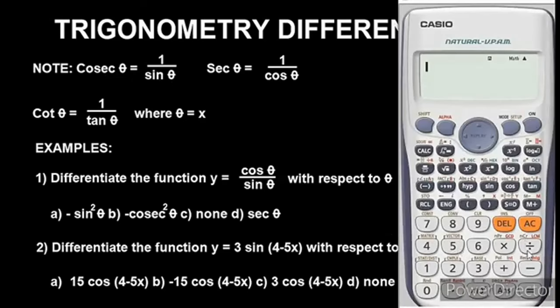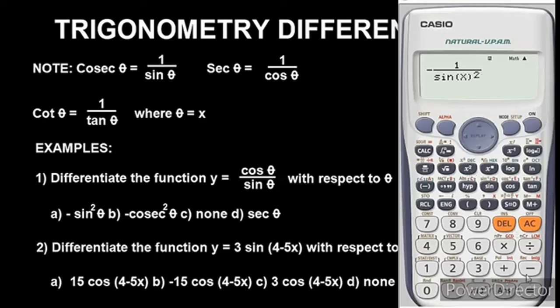So we press minus, fraction, 1 over, come down, sine x, alpha x, and close the brackets, square. So minus cosec square theta: this is how you represent it in the calculator, minus 1 over sine x square.